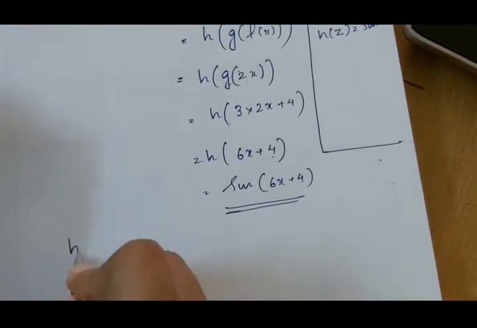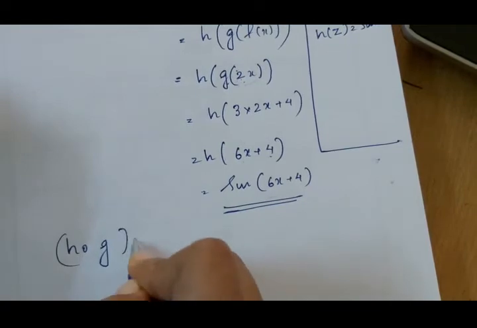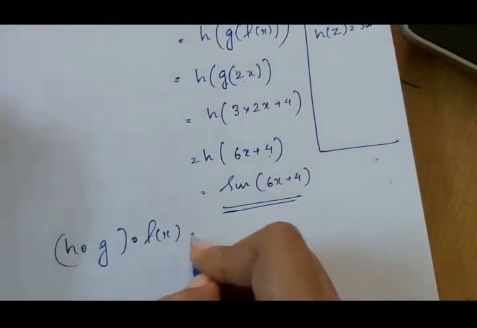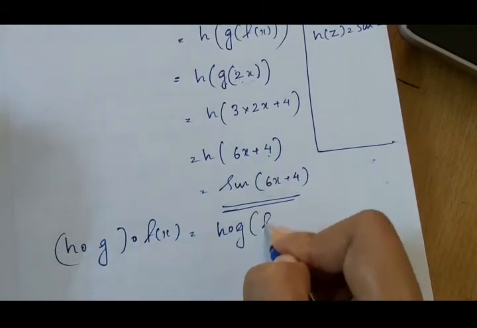Then the next portion, (h composition g) composition f of x, which is equal to (h composition g) of f of x.